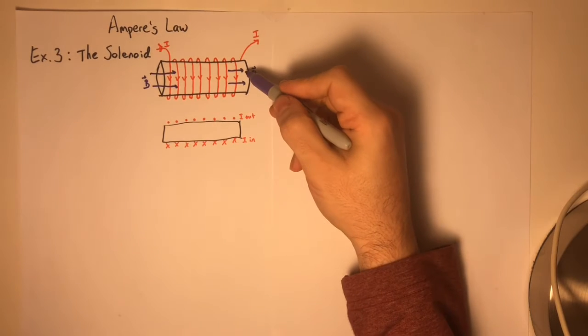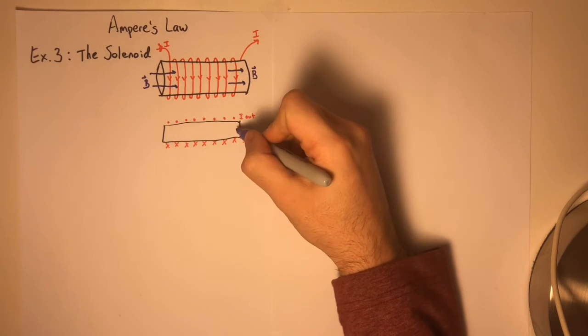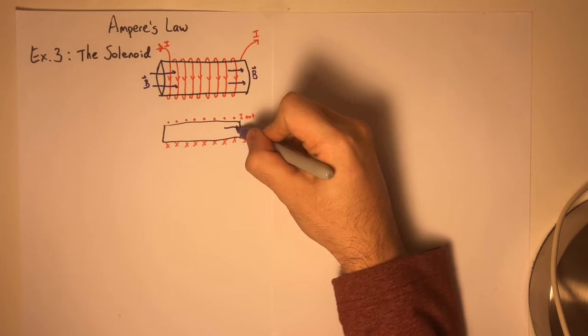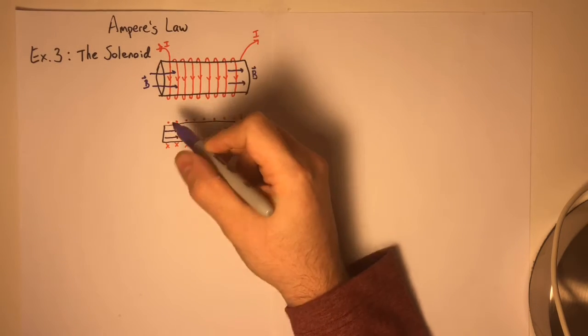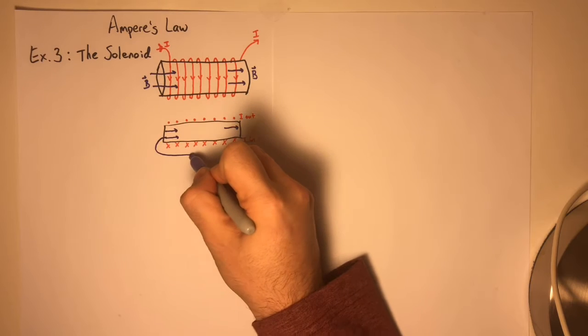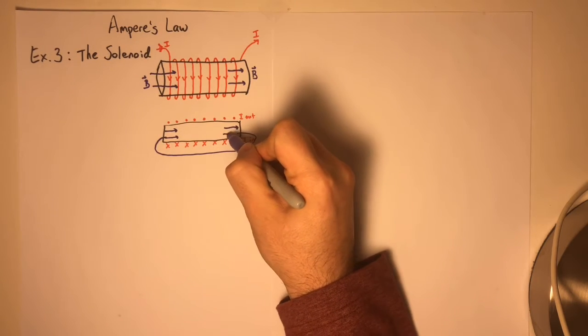Because all magnetic field lines have to be loops, these rightward facing field lines lead us to conclude that they must loop around like this somehow.